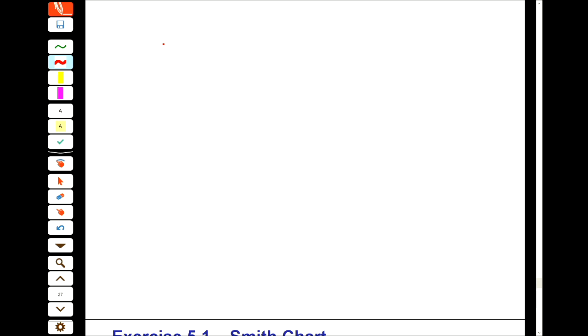Assume that instead of RS we have this ZS, and instead of RL we have this ZL, okay?